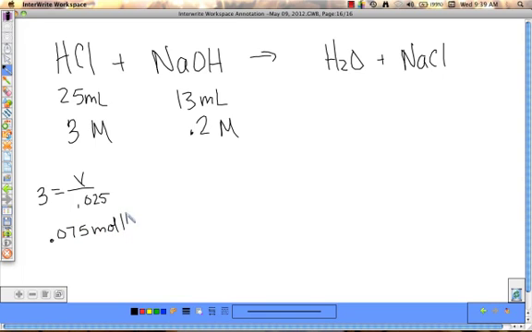Wait, I thought that was our moles, not volume. That's volume and molarity. If we just use M equals moles over volume, yeah. Why do you have to, there's an x. That's x. Sorry, I thought that was a b.